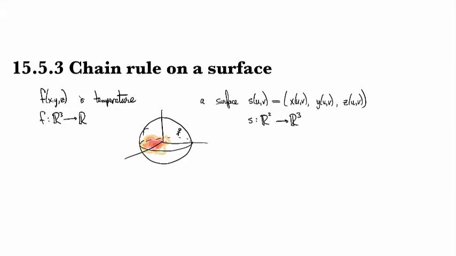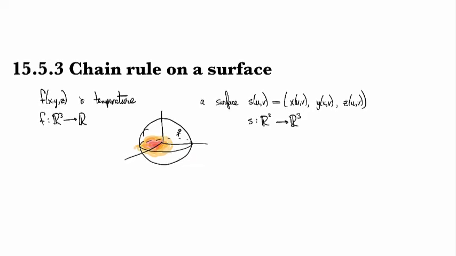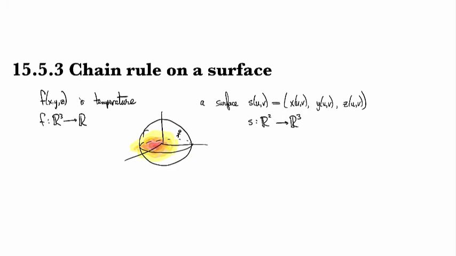So here's what the values of f look like. Okay, so here's sort of a temperature map showing how hot different parts of the globe and surrounding atmosphere really are.